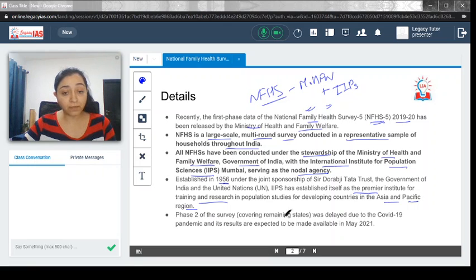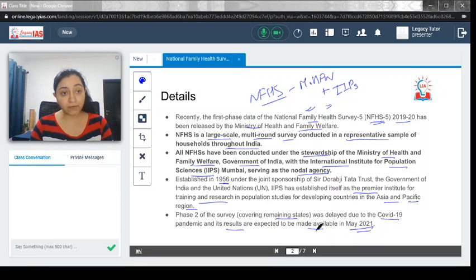Phase 2 of the survey, covering the remaining states, was delayed due to the COVID-19 pandemic, and its results are expected to be made available in May 2021. So just for information, NFHS 5 is not complete yet, because phase 2, which was supposed to be presented now, has been delayed because we all know that the lockdown happened and the pandemic is still rampant. So logistically as well as practically, it is a bit difficult on the ground to reach out to households and conduct the survey.